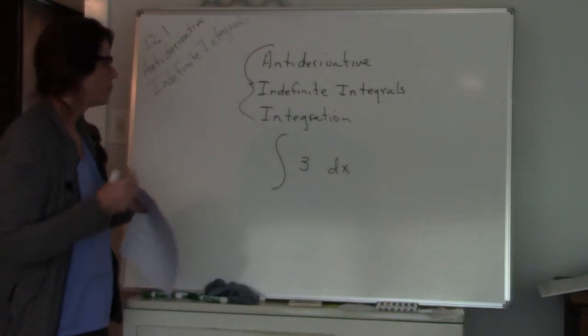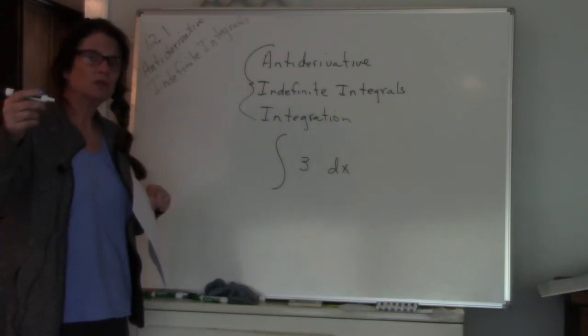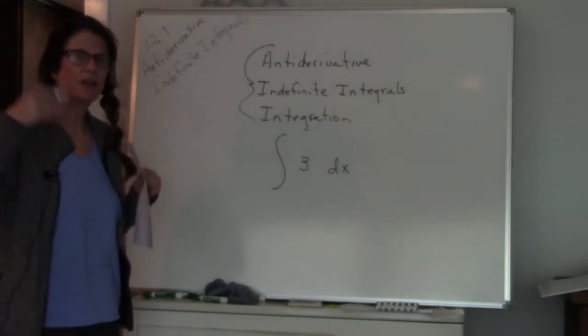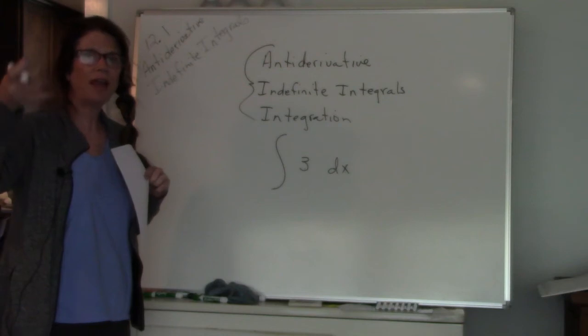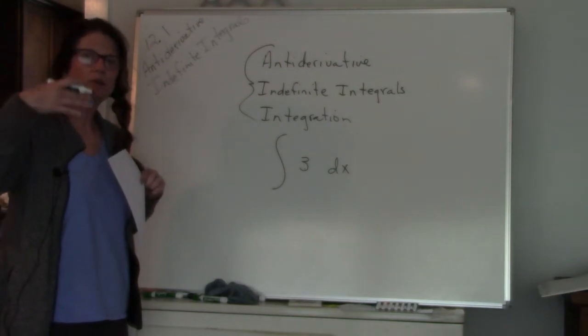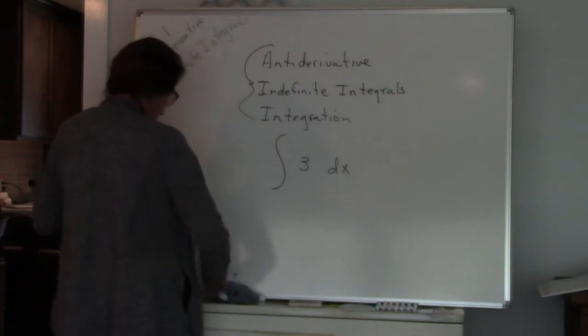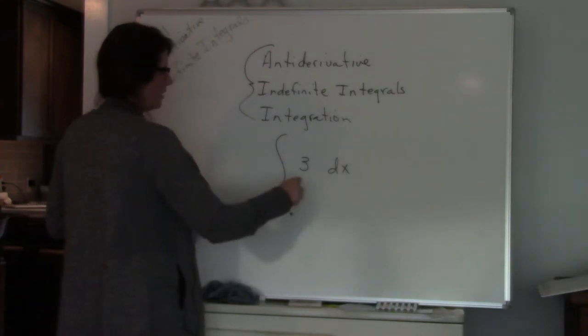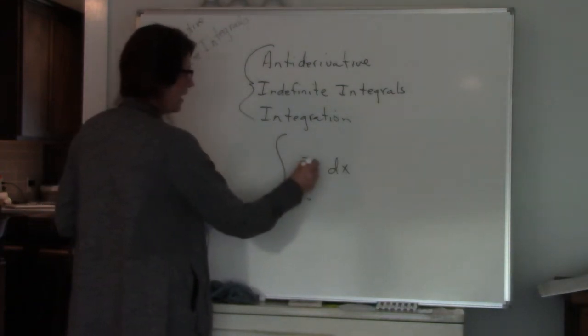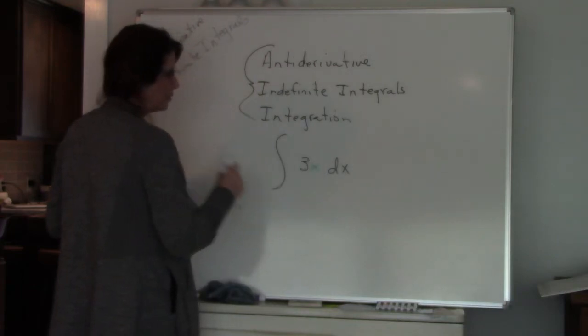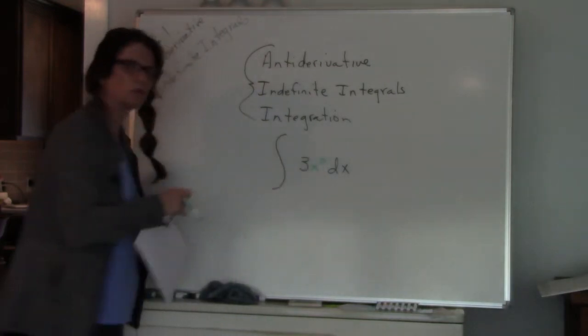Now, remember the rule for the antiderivative is we're going to add 1, and then divide by the new exponent. Well, remember, this constant has a variable of x to the 0 power.